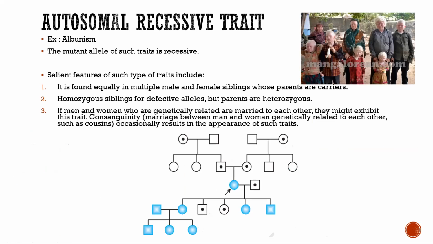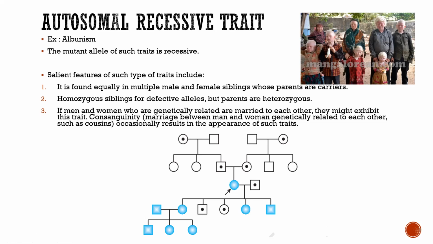So the next condition is autosomal recessive trait. The example is albinism. So here you can see a picture with a group of people who are having albinism. Albinism is due to a mutant allele, a mutant gene which is recessive, and that particular gene, when it is not mutant, has the function of melanin pigmentation.